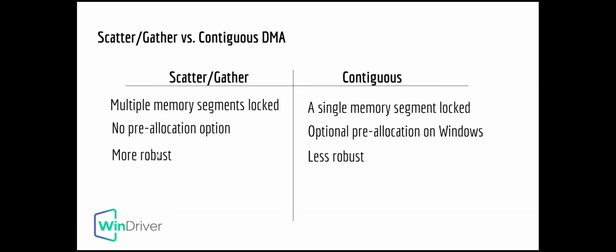So scatter-gather is more robust, and contiguous is less robust. We saw that it is easy enough to allocate a scatter-gather memory section. However, it might be more challenging to cope with or to manage it. So these are the main differences between scatter-gather and contiguous.